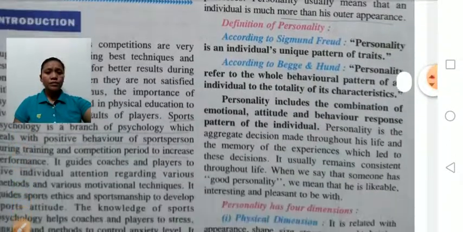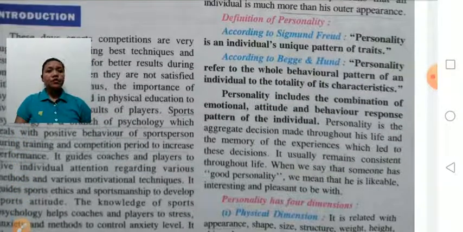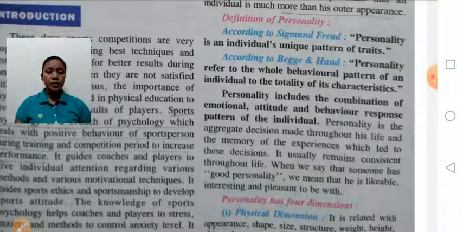Or personality is a combination of emotion, attitude, and behavior response patterns of individuals: the emotion of a person, his attitude and behavior, how he behaves in different situations. This is known as personality.